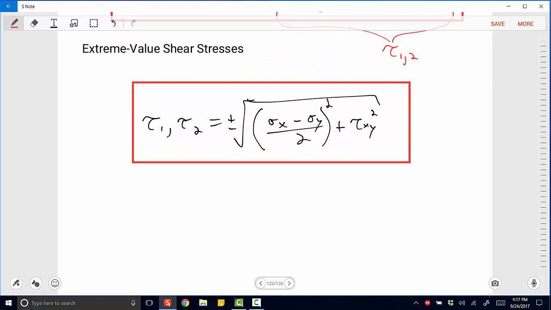So now that we've identified these important values of stress, both the normal stresses and orientations and the shear values, now we need to figure out how we would plot the relationship between these stresses. How would we plot the different normal and shear stresses that could be generated when we change our angle theta, our angle phi, right?